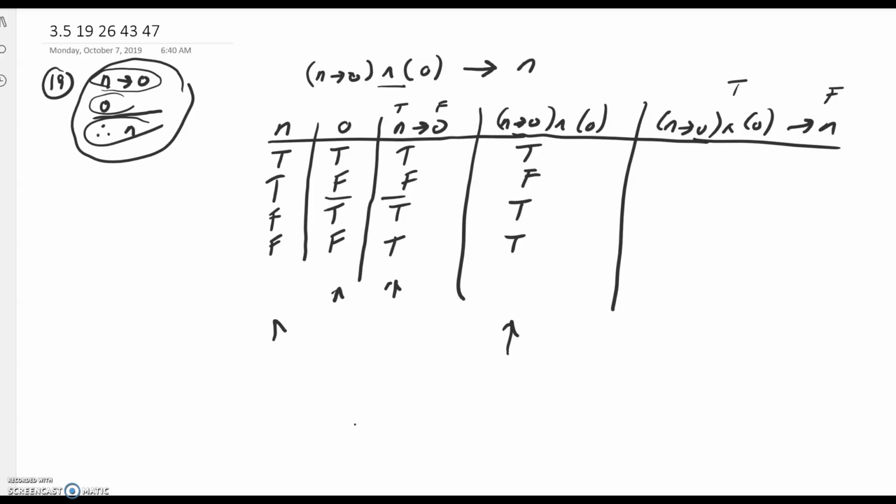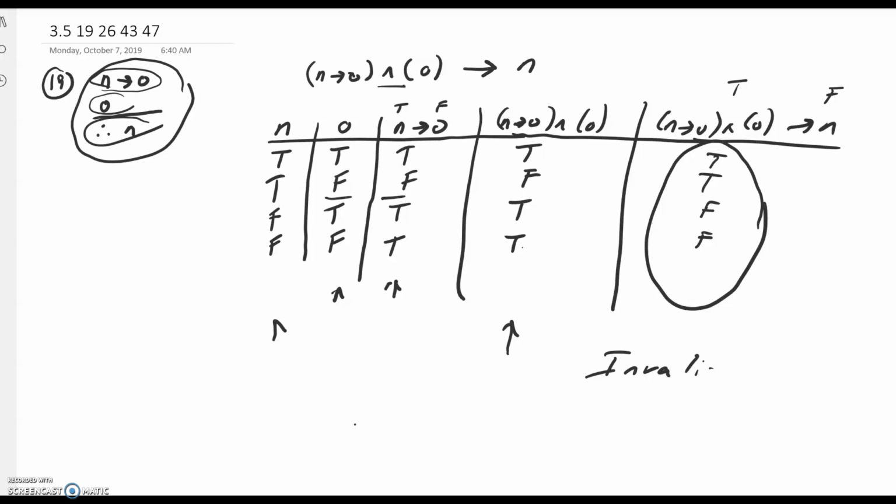And so we're looking for a true false, and the true false is right here. So those are broken promises, and really we're done at that point. These would be true. But this is not a tautology. It is not all true. Therefore, this is an invalid argument.